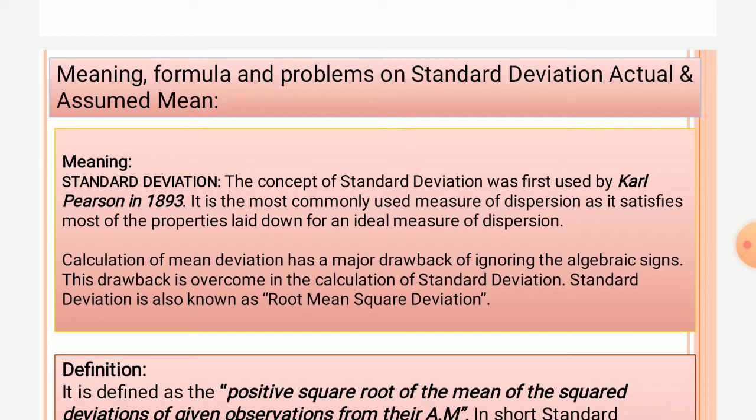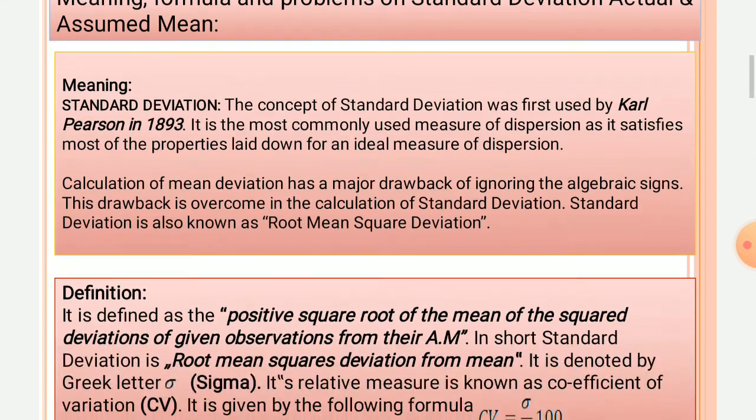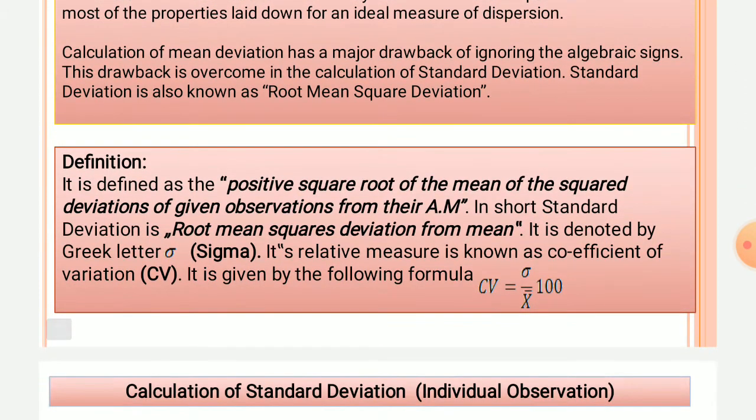The calculation of mean deviation has a major drawback of ignoring the algebraic signs, and this drawback is overcome in the calculation of standard deviation. Standard deviation is also known as root mean square deviation. It has been defined as the positive square root of the mean of the squared deviations of given observations from their arithmetic mean.